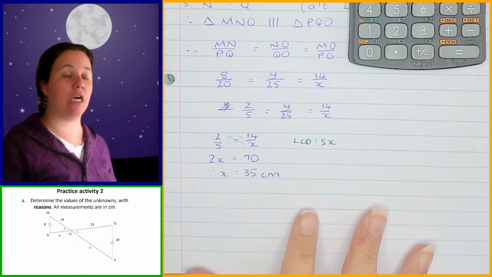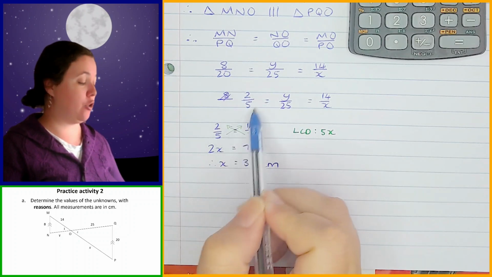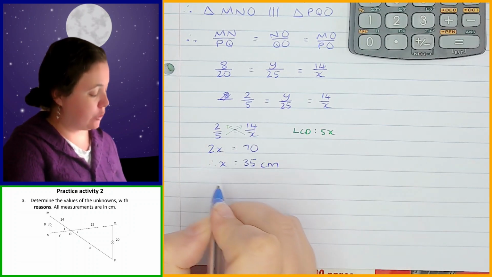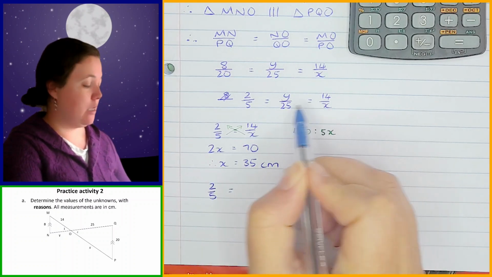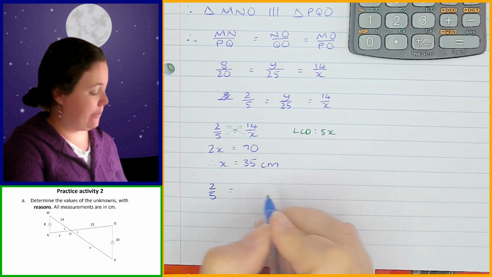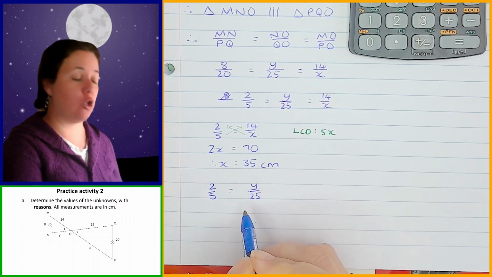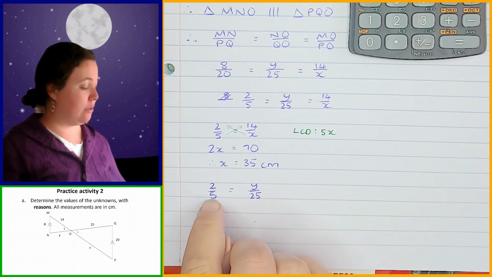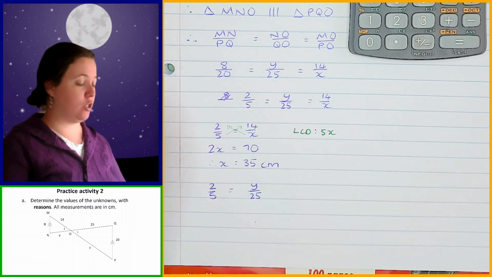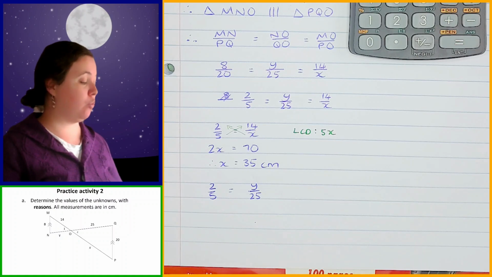Now we're going to go and work out what y is. So again, I take the fraction where I know the whole fraction. So it's going to be 2 over 5 equals y over 25. And now I'm going to go and solve for y. Again, I can do the LCD where I can say the LCD here is going to be 25. Or I can cross multiply. It's up to you which method you want to do.